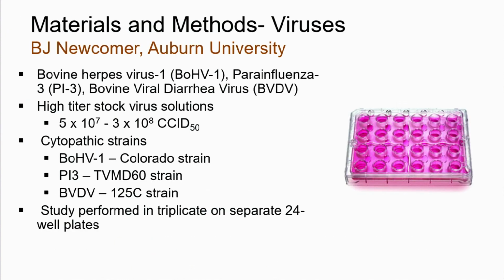So we also wanted to see if this worked for our respiratory viruses. This work was done by B.J. Newcomer at Auburn University, and he used three of our bovine respiratory viruses: bovine herpes virus 1, parainfluenza 3, and bovine diarrhea virus, and cytopathic strains of each virus were used.